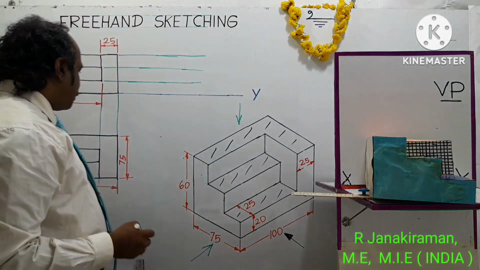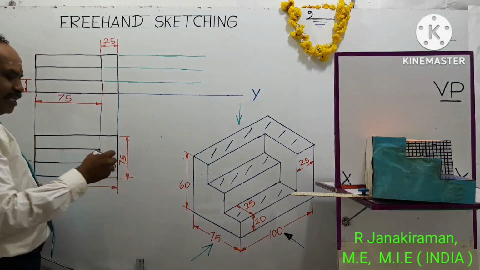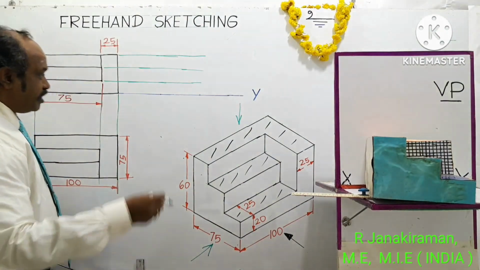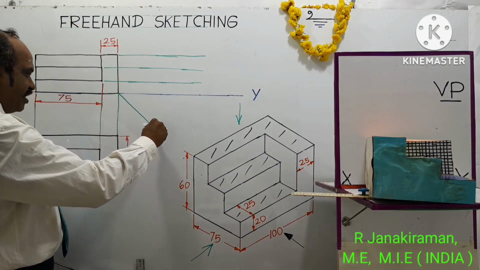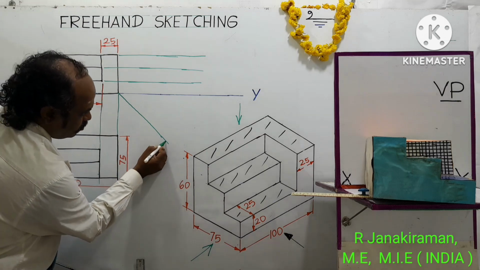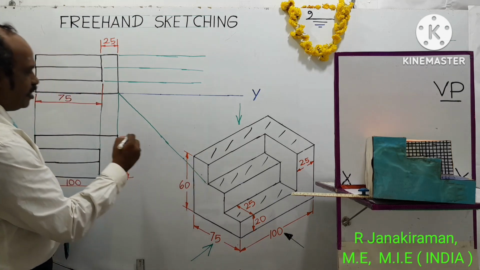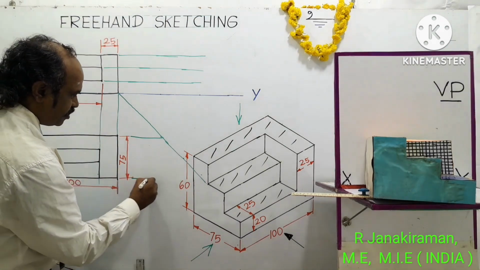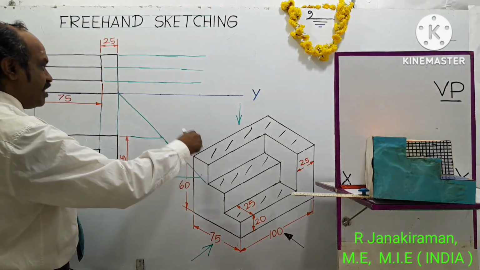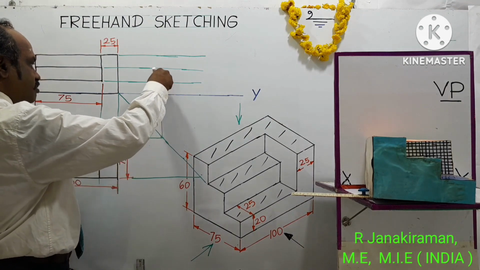Draw miter line inclined at 45 degree using a 2H pencil from this end point of the front view. Miter line is 45 degree inclined line. Then you draw horizontal projector from previous top view. Where it intersects with the miter line, there you draw vertical projector.